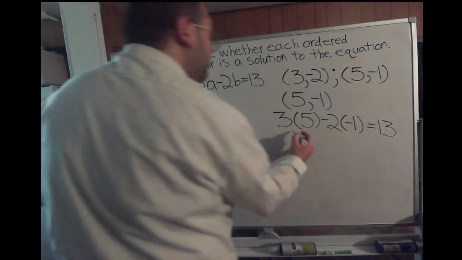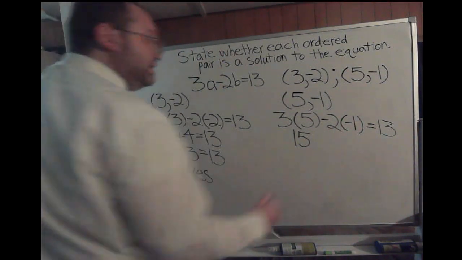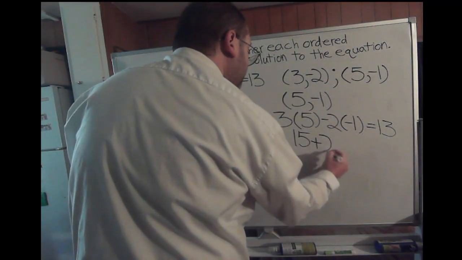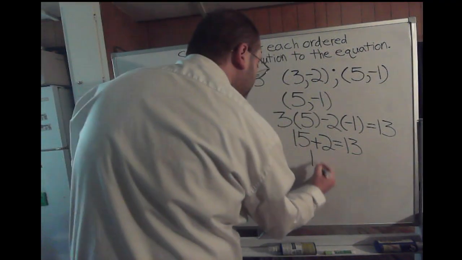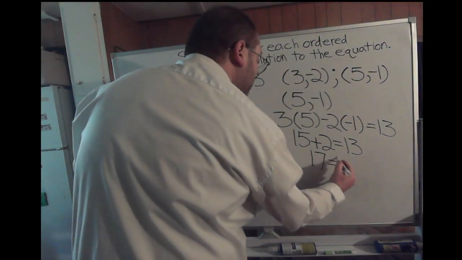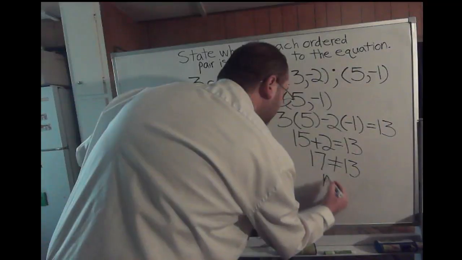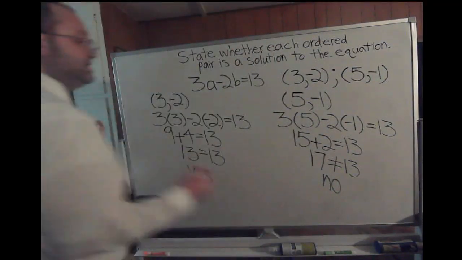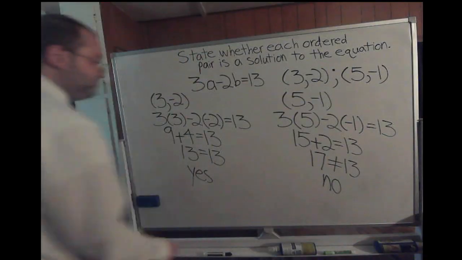Well, 3 times 5, that's 15. Then you have negative 2 times negative 1, that turns into plus 2. So you have 15 plus 2 equal to 13. Well, 15 plus 2, that's 17. 17 clearly does not equal 13. So 5, negative 1, the answer is no. That is not a solution. In other words, it does not lie on that line.